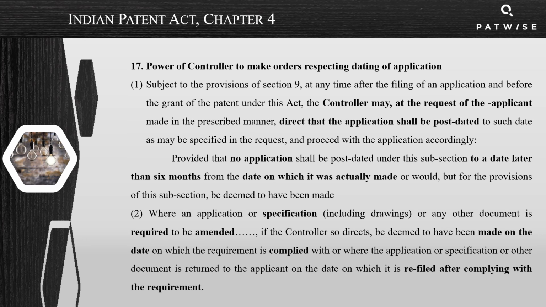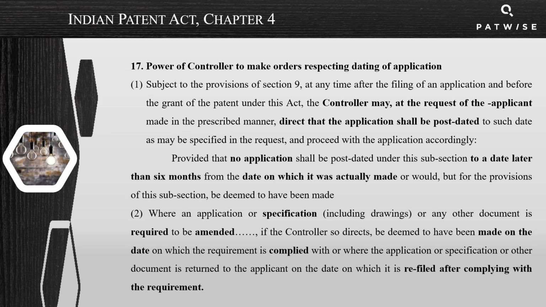Section 17. Power of controller to make orders respecting dating of application. So in a very positive note, in case there has been no prior anticipatory documents and an examiner issues a report saying that the application can be filed or granted, then there is one provision where an applicant can request a controller for post dating of the application.